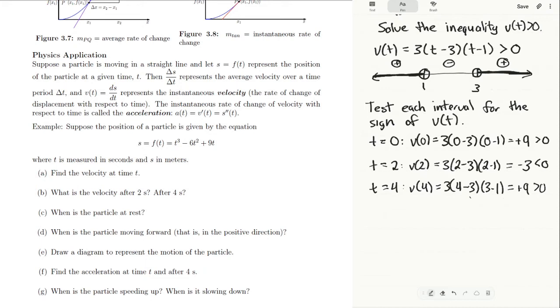Now typically, time is measured from 0, so we don't include negative time in our interval. So the particle is moving forward on the interval from 0 to 1, union 3 to infinity.